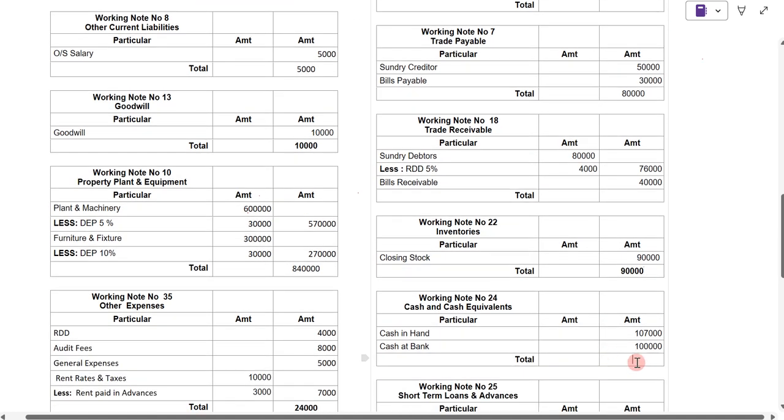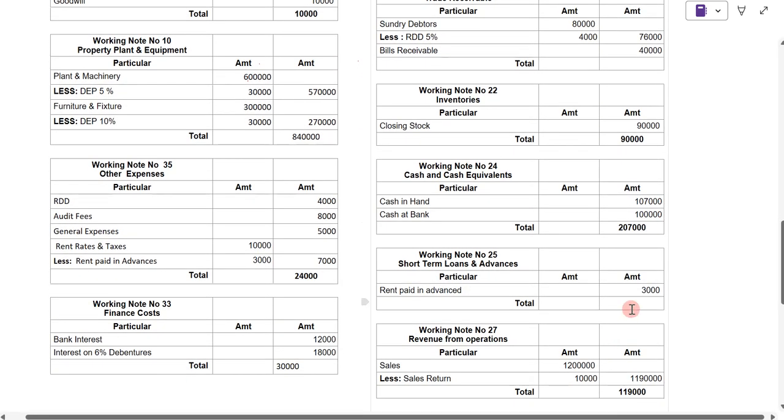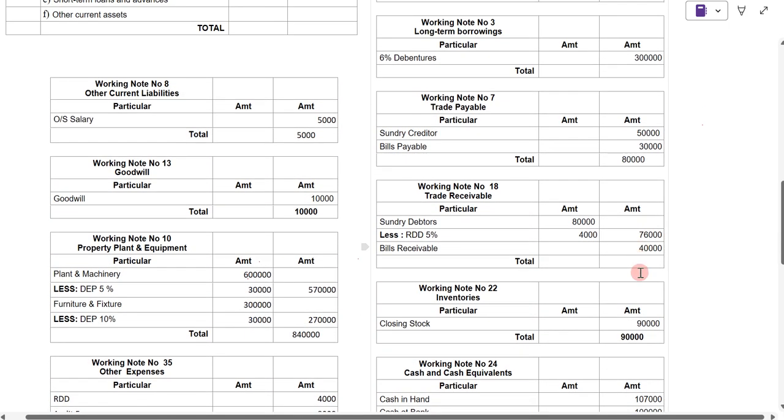Cash in hand and cash at bank total 2,07,000. 3,000, note number 25. Note number 18, 1,16,000.